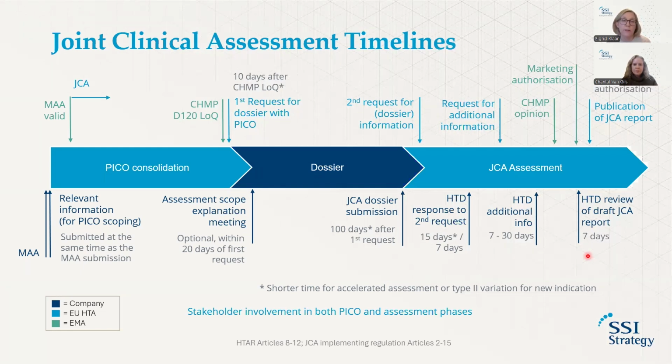This must be done no later than 30 days after the marketing authorization. So it's a very fixed timeline, and as you can see, it's very compressed. So both the company and the assessors will have a challenge, I think. That is an important message for this part.